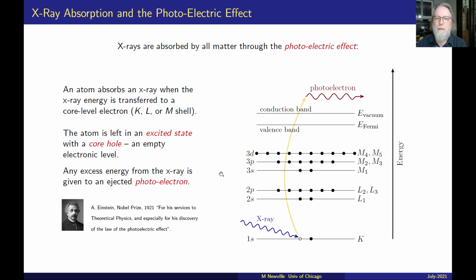This leaves the atom in an excited state with a core level hole, an empty electronic level, and any excess energy of the core level electron is given to a photoelectron that is ejected from that atom. That's the photoelectric effect, leaving the X-ray absorbed, completely destroyed, and the photoelectron may be released with excess energy given from the binding level energy for the deep core electron.